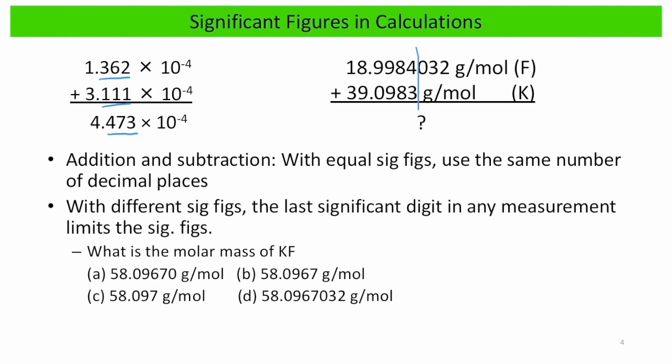So the answer for this, is that going to be down here A, B, C, or D? Which one of those answers is it going to be? Well, we have 4 numbers after the decimal place, and we're going to cut that off at 4 numbers after the decimal place because that's the number of digits after the decimal place in potassium. So the answer for this question is going to have to be B because it also has 4 numbers after the decimal place.